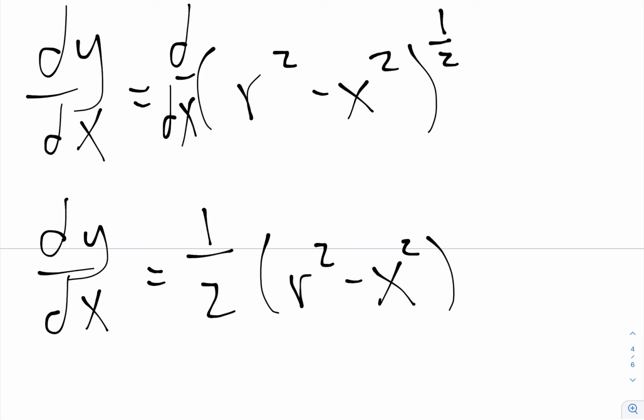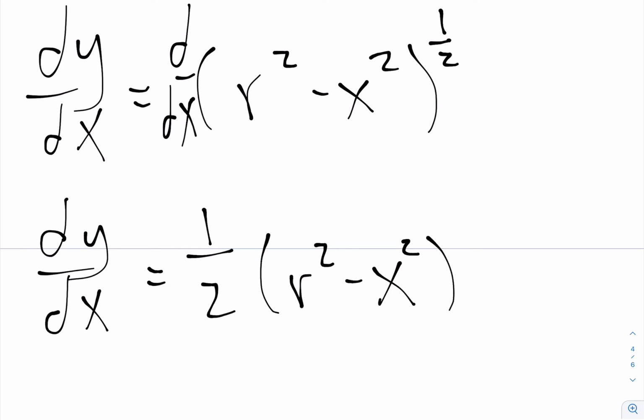And if you remember the chain rule, when we're differentiating something with powers, or even sine or composite functions, and the inside isn't just x, it's a power of x, or there's something else in there, we have to multiply by the derivative of the inside. So r squared, remember, that's just the radius of our circle squared.